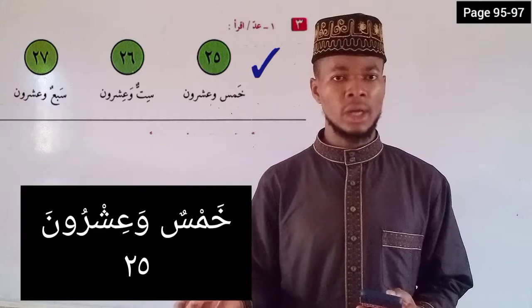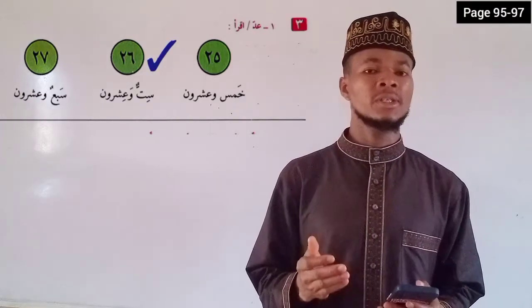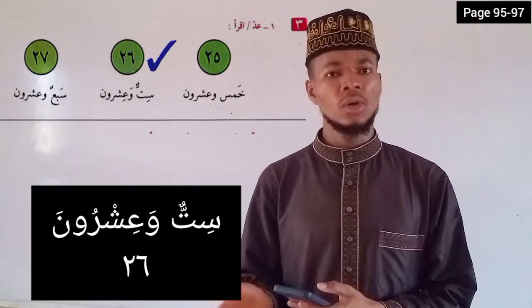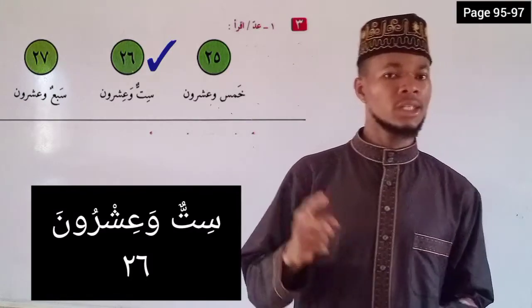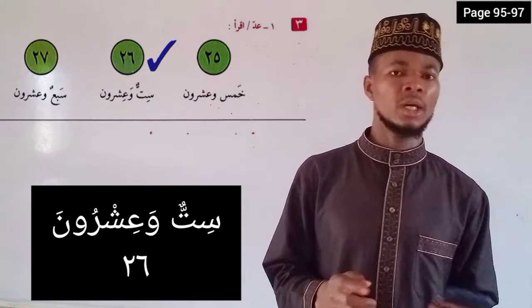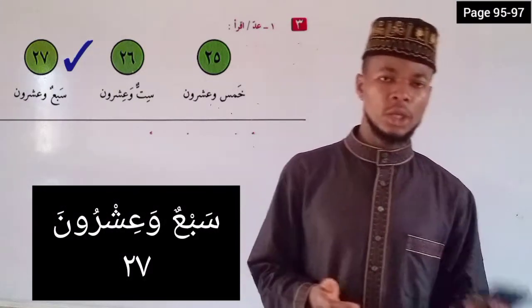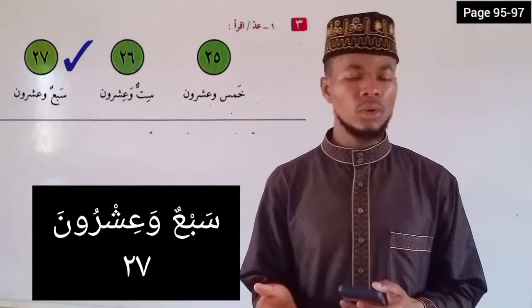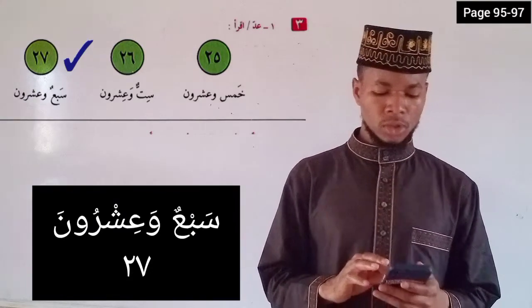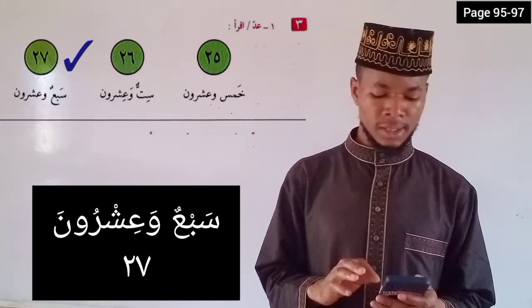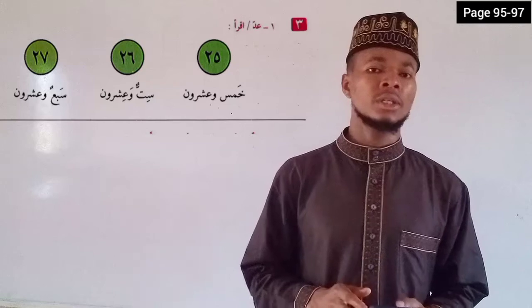Khamsun wa Ishruna, 25. 26 is Sittun wa Ishruna. Sittun wa Ishruna, 26. Then 27 will be Sab'un wa Ishruna. Sab'un wa Ishruna.